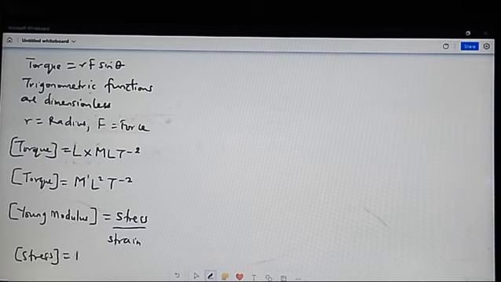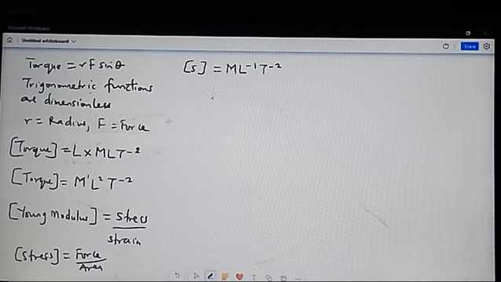Stress is force over area. So the dimension for pressure, which is the same as that of stress, is M L to the power minus 1 T to the power minus 2. We have done that before.